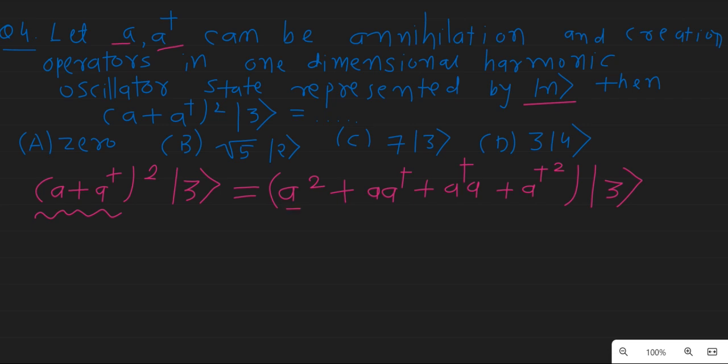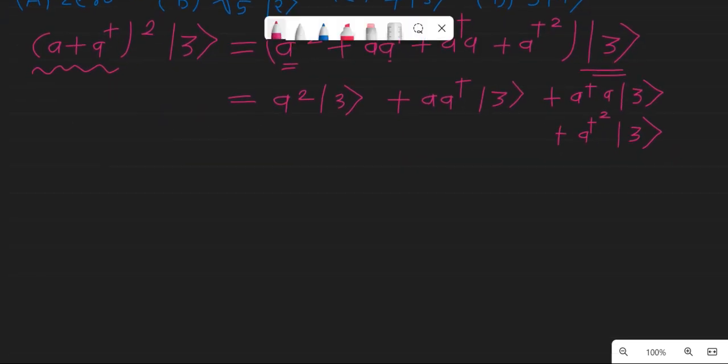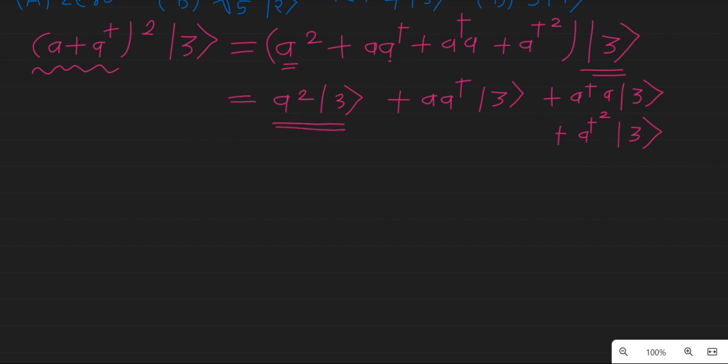Now operate A squared on 3, then A A dagger, then A dagger A, then A dagger squared. A squared operated on 3 will be 0, and A dagger squared operated on 3 is also 0.